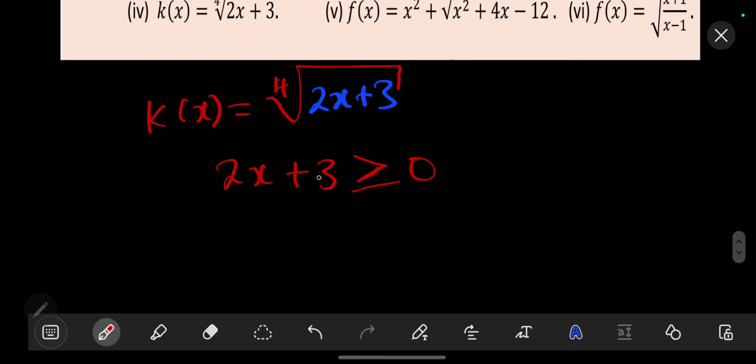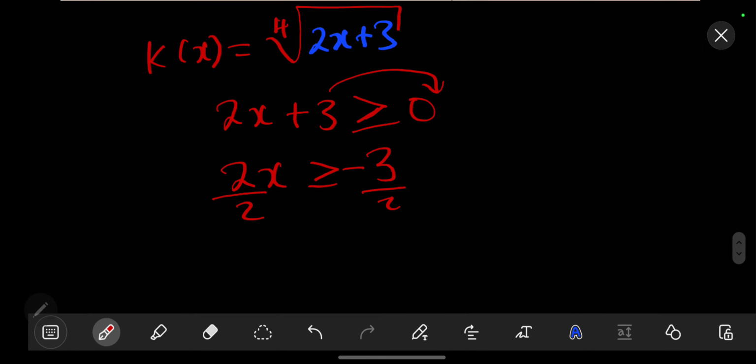So 3 goes to the other side, it will be 2x greater than or equal to negative 3, because it changes sign when it crosses, then over 2. That means x should be greater than or equal to -3/2.